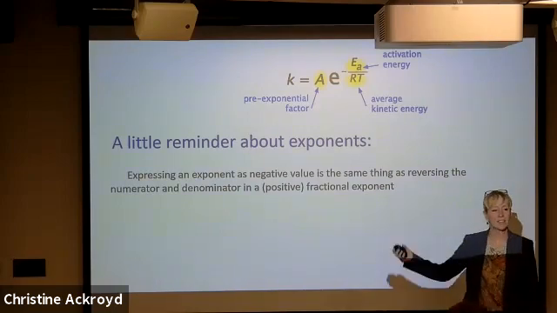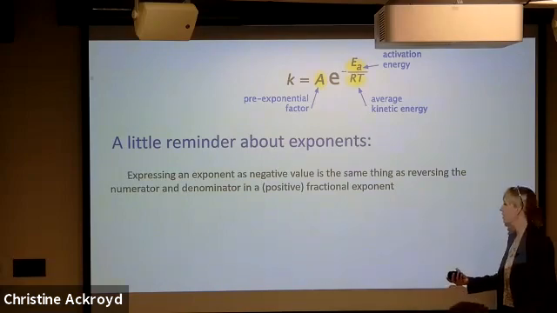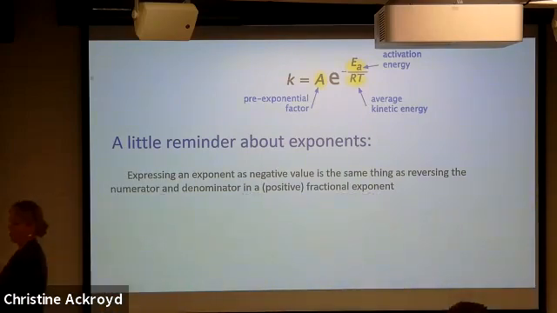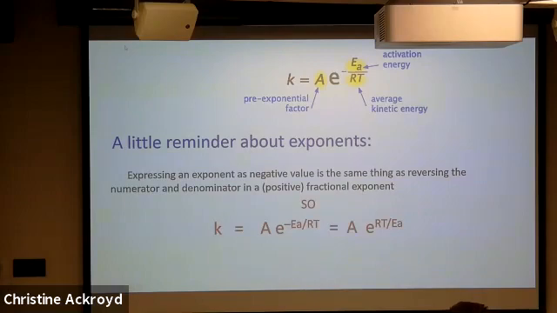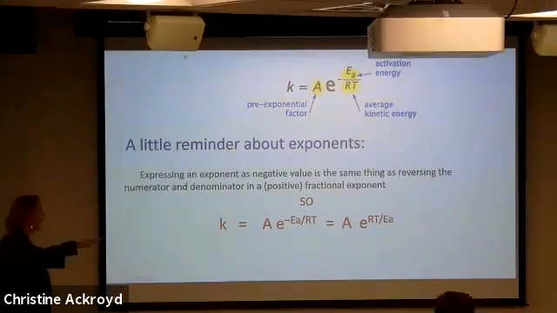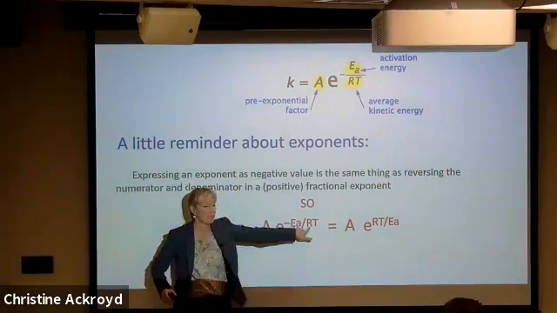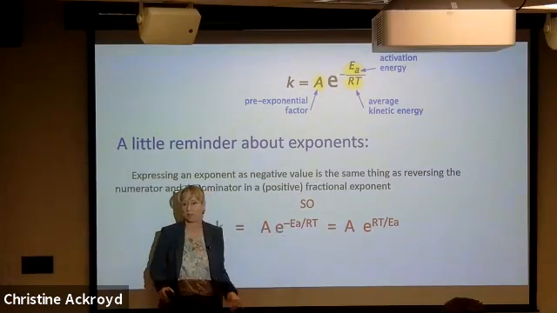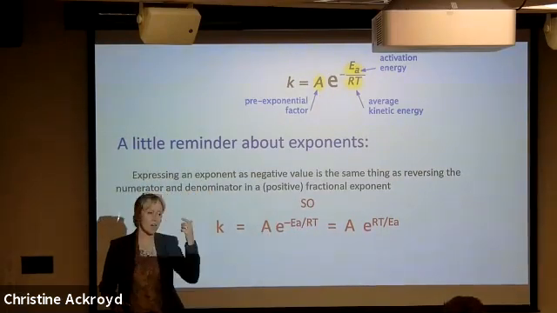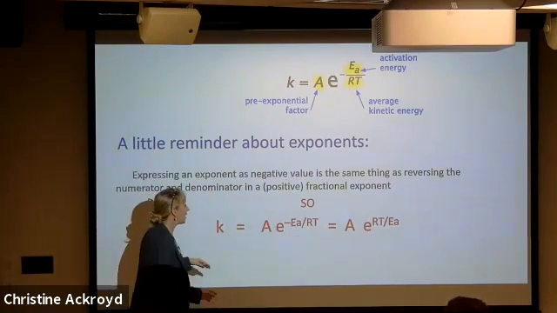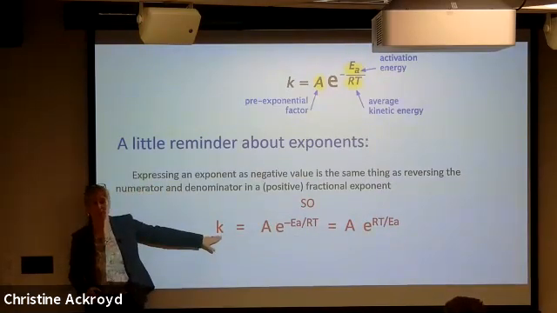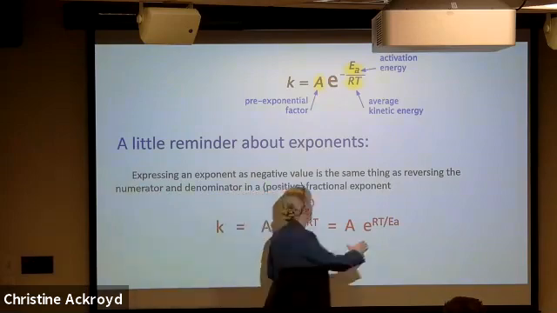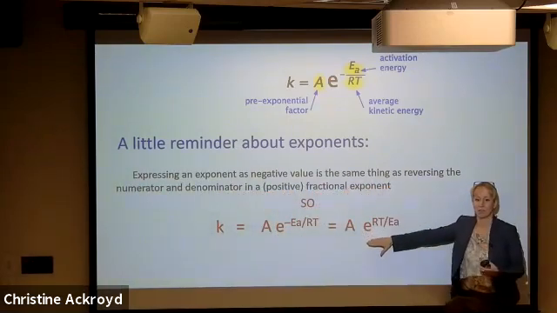If you take the negative sign and turn it into a positive sign, all that does is flip the numerator and the denominator in the exponent. The reason I'm talking about that is that it's a lot easier to read the relationship between the concepts if you have a positive exponent.